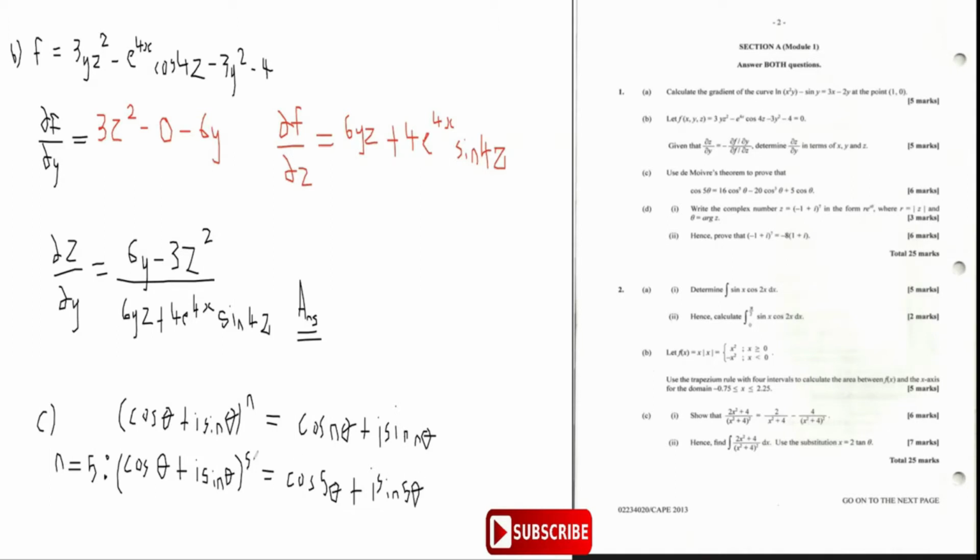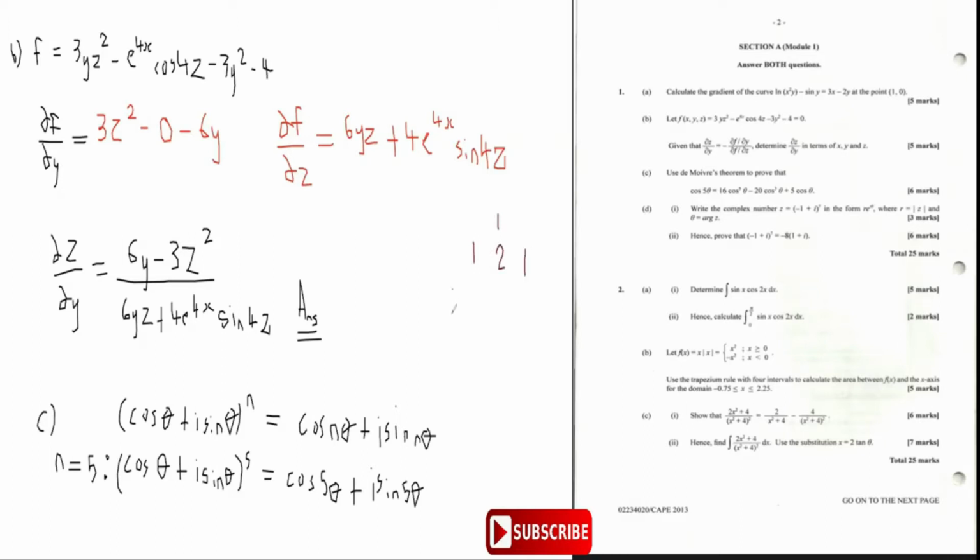Now, one thing we notice is that this doesn't really help us in this form, as cos theta plus i sine theta to the 5th power. So we're going to have to expand this bracket. To expand this, I just want you to remember Pascal's triangle, which gives the coefficients of each term. Remember, it's 1. Then you have 1, 2, 1.